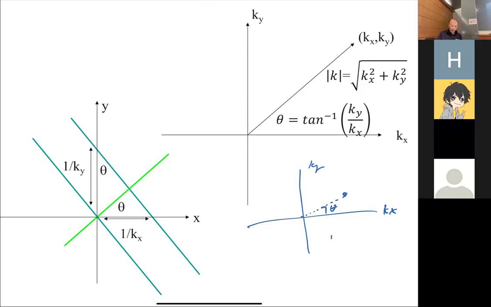That means in image space, x, y, at that same angle theta, I'm going to have variations. So anytime you look at something in K-space, if you want to know what its effect on the image is, you can just draw the perpendiculars to that vector, and that will tell you exactly what the angle of the variations is.